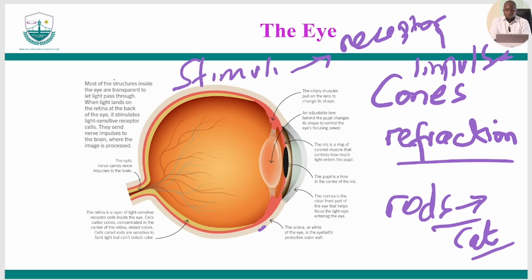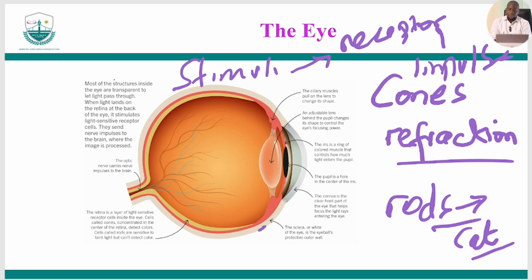And then we need to look at two parts that are very important in our subsequent lesson, the ciliary muscles. In this image here, they are connected to the lens, and that connection is not a direct connection. It is through suspensory ligaments.